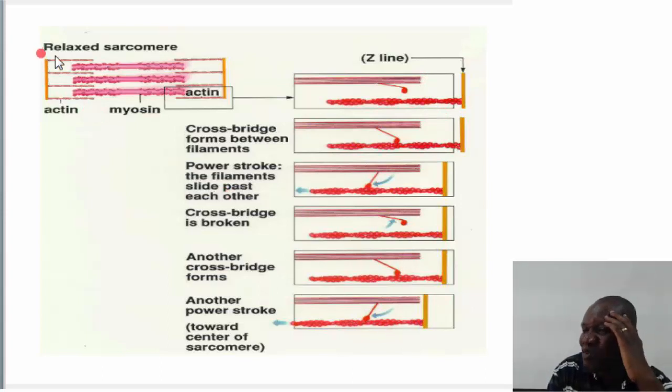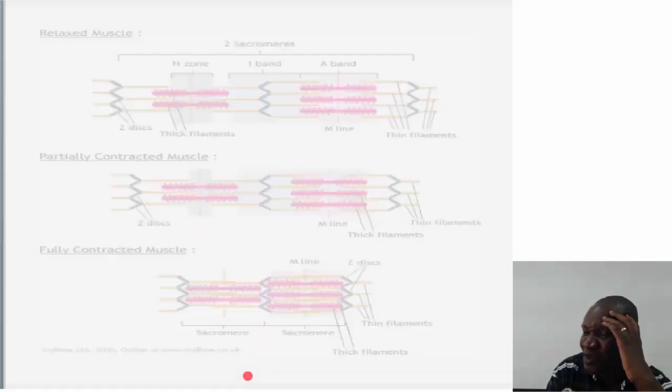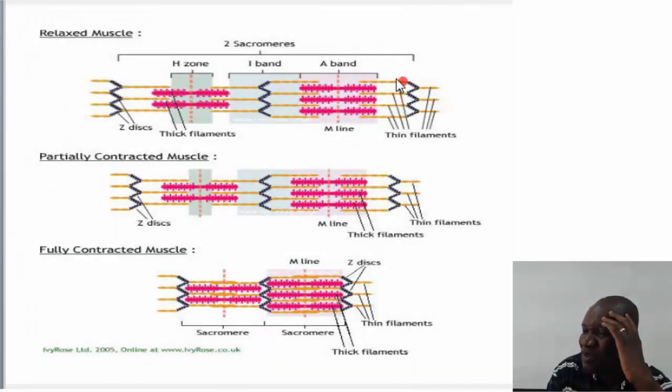Now a similar thing will be happening here. So that at the end of contraction, we begin with a sarcomere of this width and end up with a sarcomere with this width, with the H zone completely obliterated.